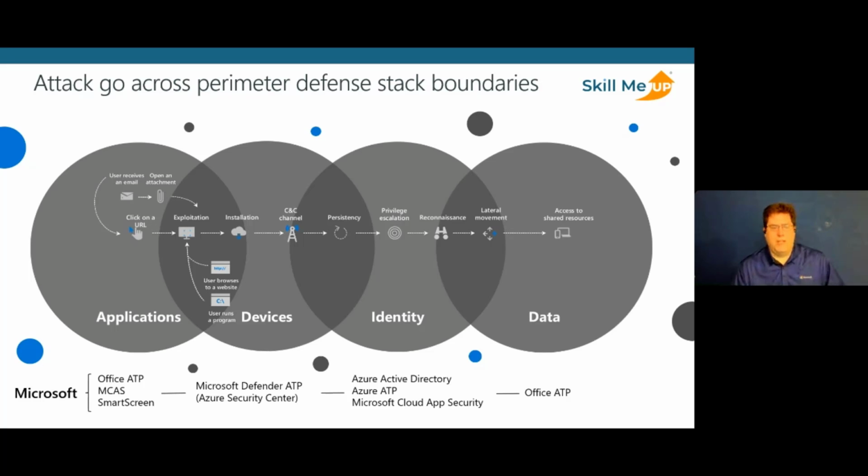Then there's the identity protection piece where, again, it ties into Azure Active Directory, Azure Advanced Threat Protection, again, Microsoft Cloud App Security, and then our data protection in the Office Advanced Threat Protection capabilities of information protection, data protection, things like that are now all within this Defender XDR ecosystem of services.